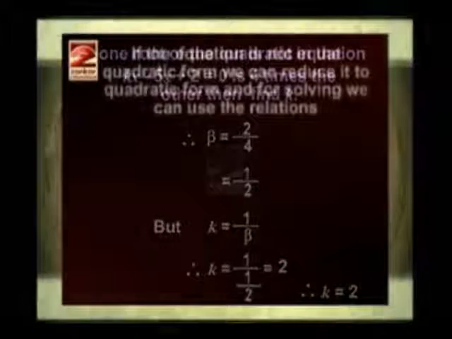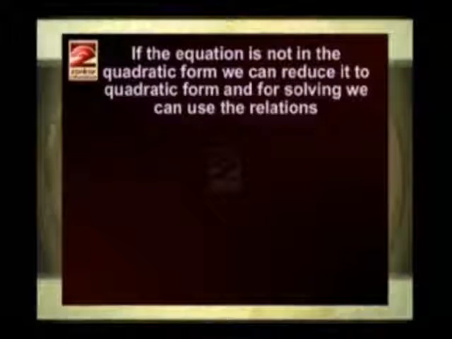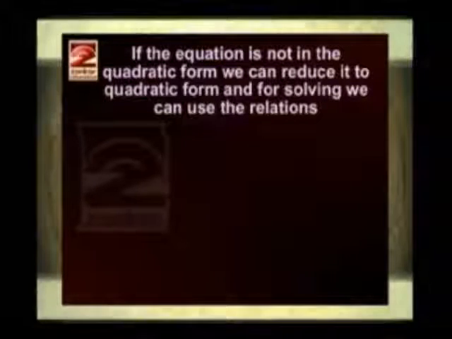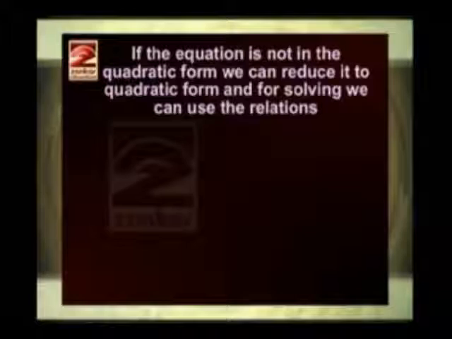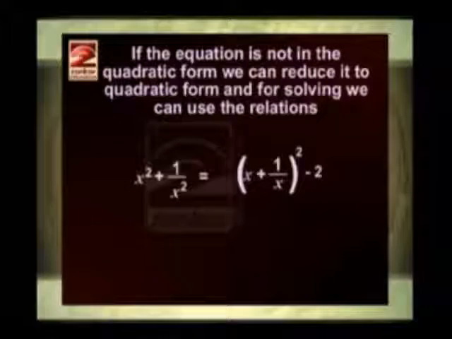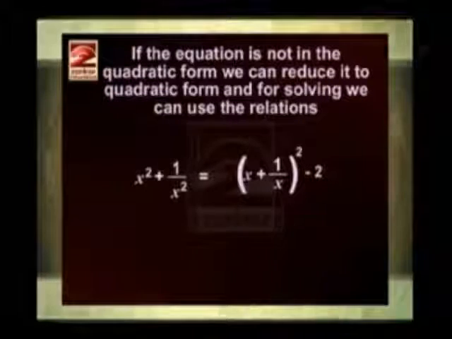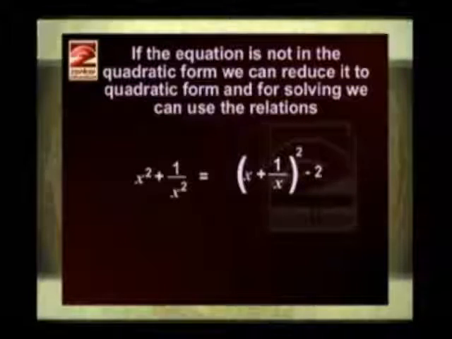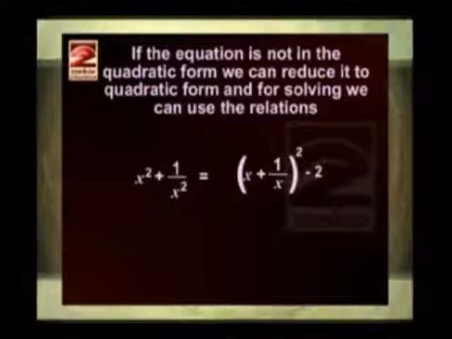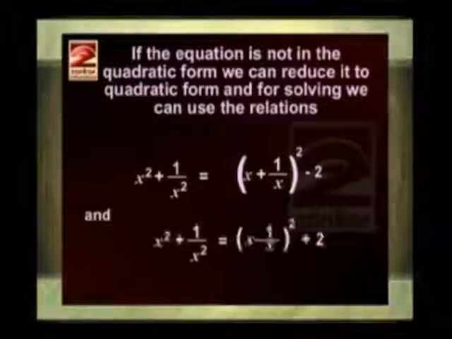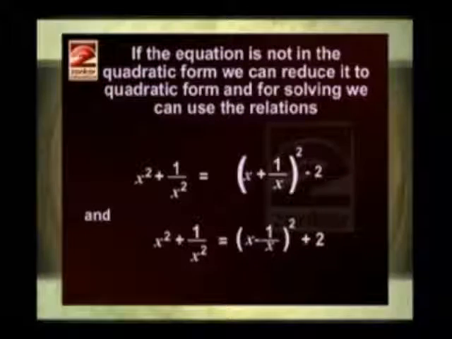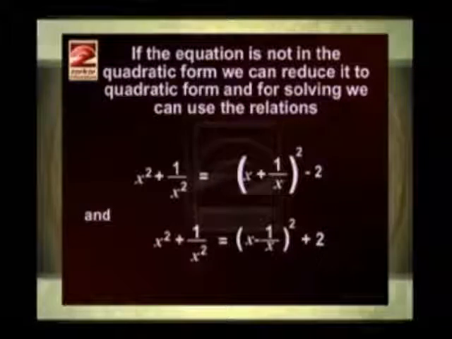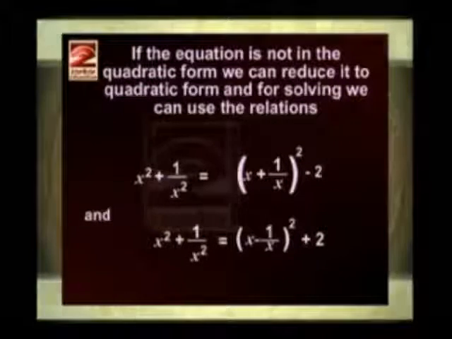Now next is, if the equation is not in the quadratic form, we can reduce it to quadratic form, and for solving we can use the relation x square plus 1 upon x square is equal to x plus 1 upon x the whole square minus 2, and x square plus 1 upon x square is equal to x minus 1 upon x bracket square plus 2.